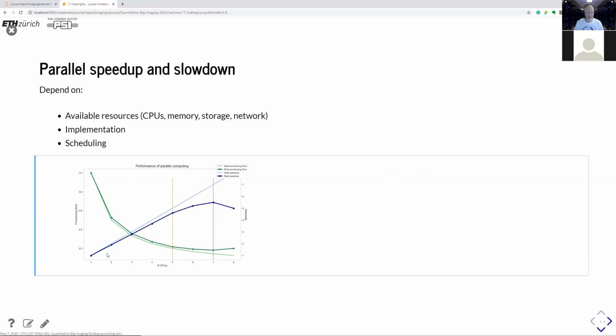So what can happen, if you look at this curve, is that ideally you want a linear speed up with the number of CPUs. But at some point, when the resources are getting scarce, the performance drops a little bit and then drops even more. And at some point, it's actually falling back.